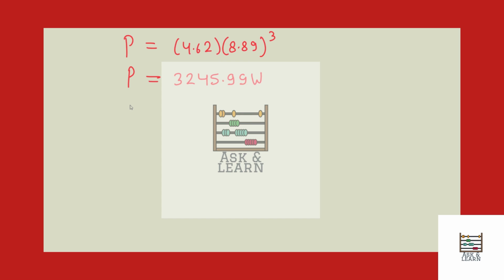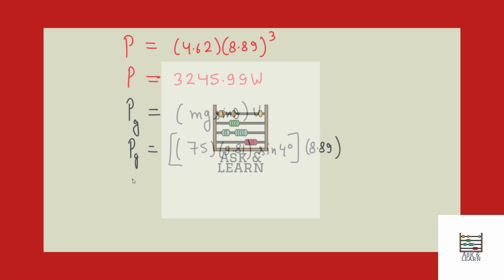Now the power due to the gravitational force is given by P_g equals m multiplied by g multiplied by sine theta multiplied by v. Now here on substituting the value, we get P_g equals 75 multiplied by 9.81 multiplied by sine 4 degree multiplied by 8.89.